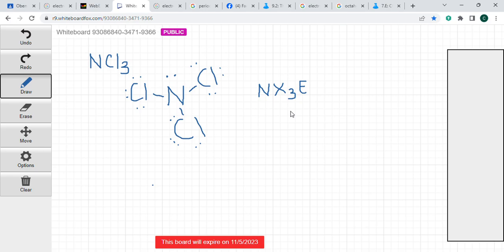Now we can see that based on the notation, NCl3 has electron geometry of tetrahedral.